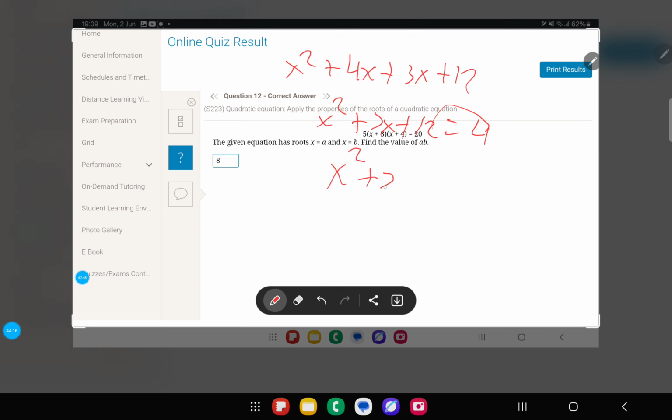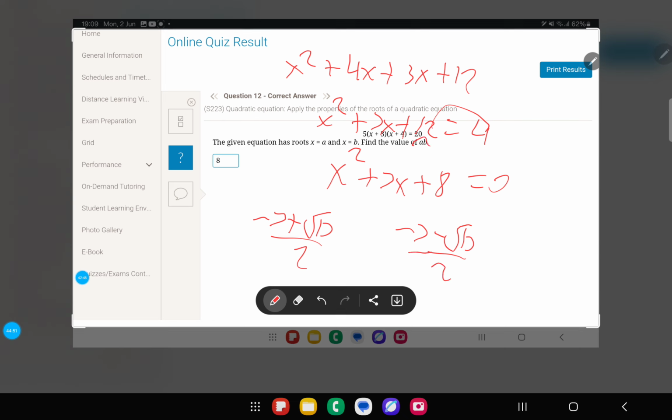It becomes x squared plus 7x plus 8 equals 0. Now we can factor it. Using the calculator, you're gonna get in radical form negative 7 plus radical 17 over 2 and negative 7 minus radical 17 over 2.